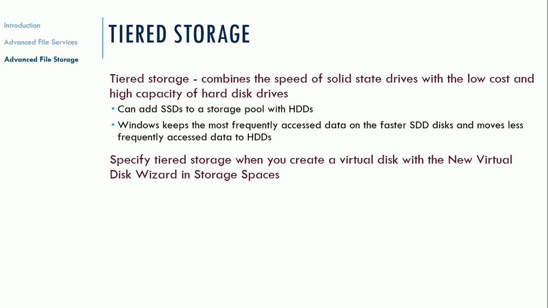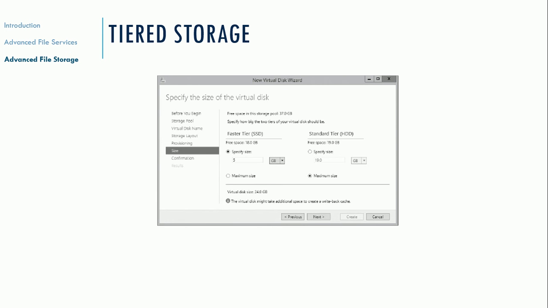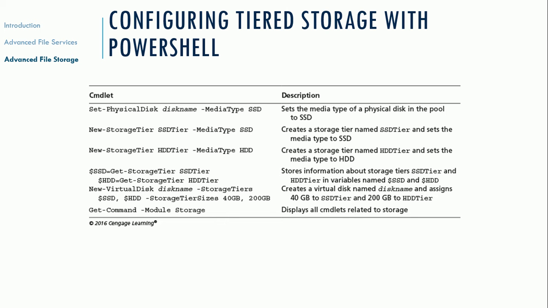So hard drives are more kind of nearline storage, and then your solid-state disks end up being the online storage. So this is where you're going to set up the tiered storage in Windows when you create a virtual disk. You can set the different tiers, so you have the faster tier and the standard tier. These are the PowerShell cmdlets that you can use to manage tiered storage.